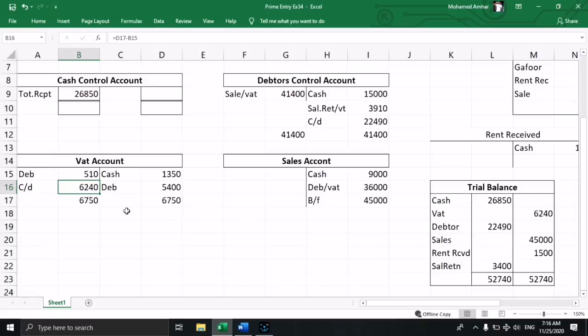That is brought forward balance is credit. Right, now get the total of the trial balance. Debit side total is 52,740. Credit balance is 52,740. Now I think you would have understood how to do this exercise number 34. Right.